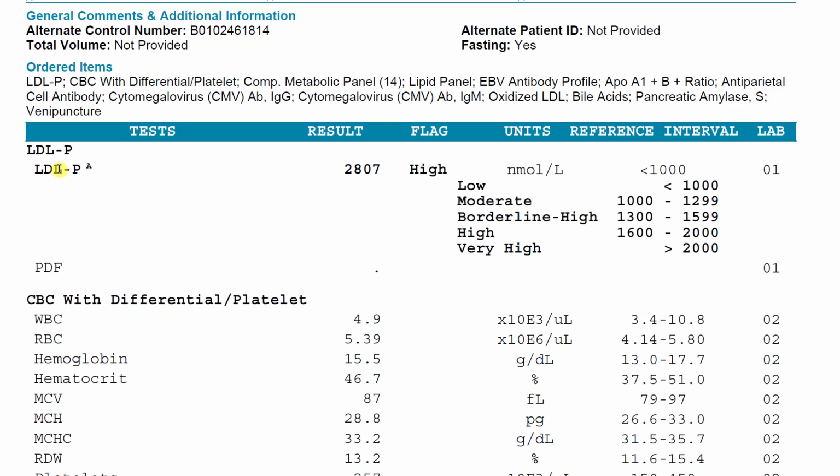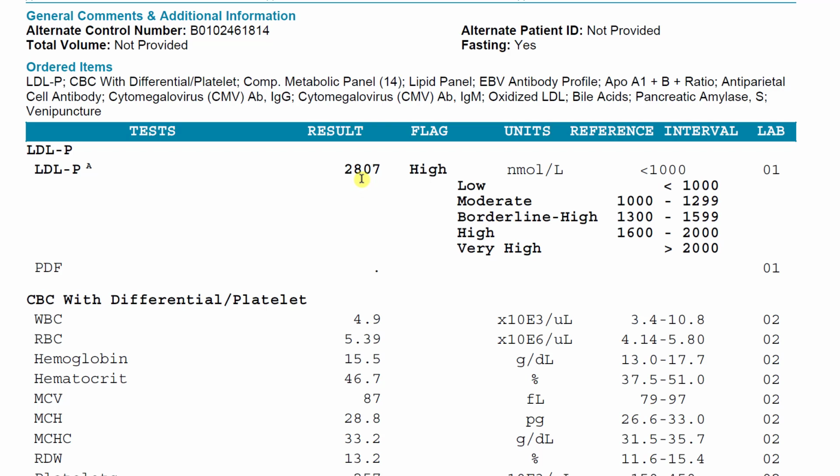When you have elevated LDL-P, it's pretty serious. I have patients that follow a paleo diet, a keto diet, or even carnivore that have elevated cholesterol, but their particles are low, meaning there's no damage occurring from that cholesterol. In your case, your LDL-P is pretty high.